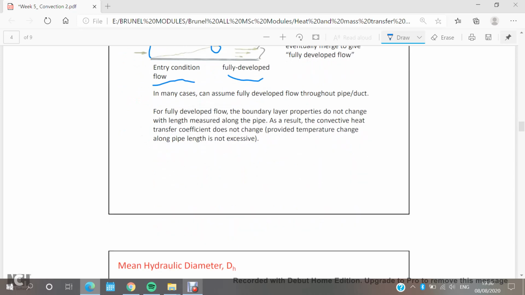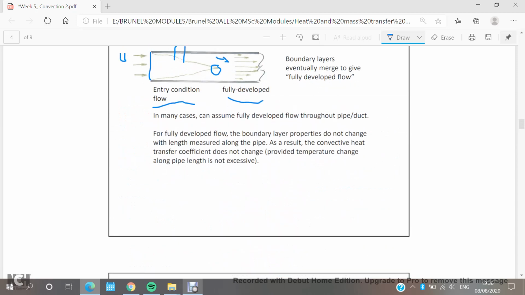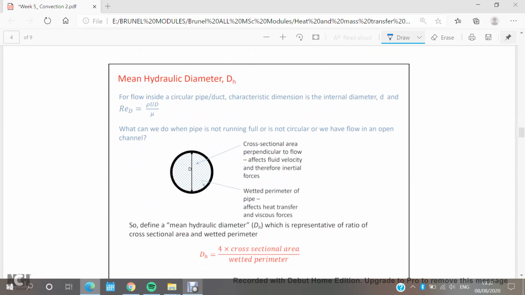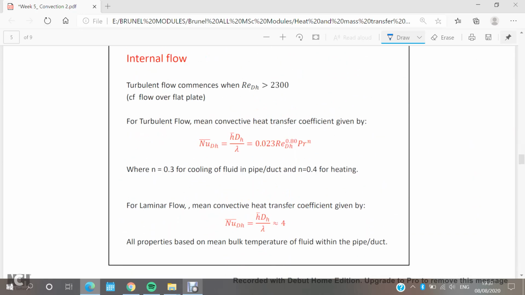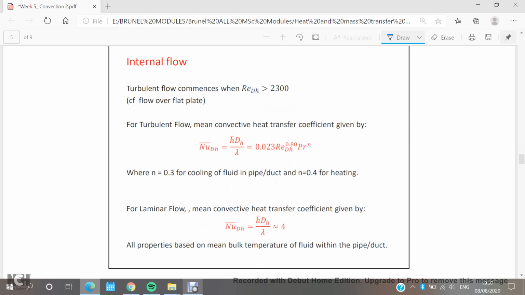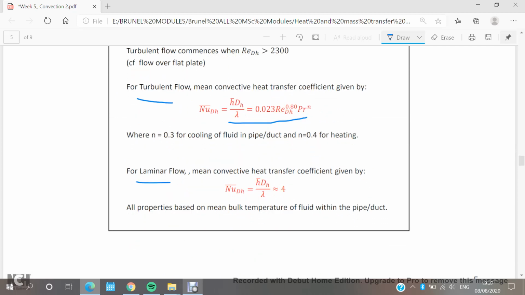How to calculate the average heat transfer coefficient? This is our objective. The average heat transfer coefficient can be given by this equation, using the Reynolds number as well. Here the heat transfer coefficient is given by this equation in case of turbulent, and in case of laminar it will be given by this equation.